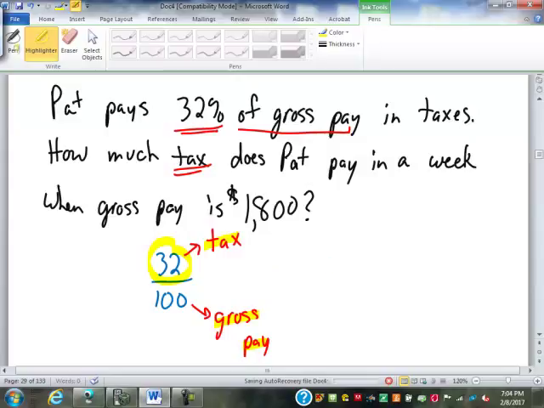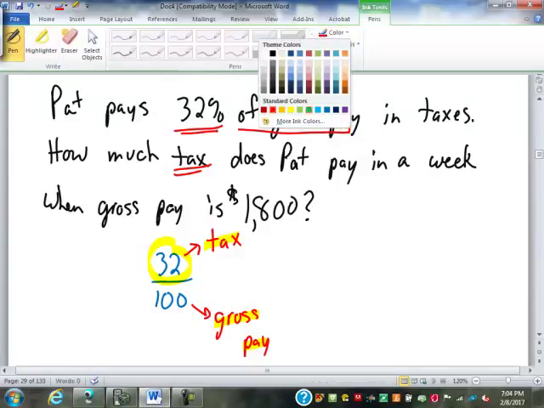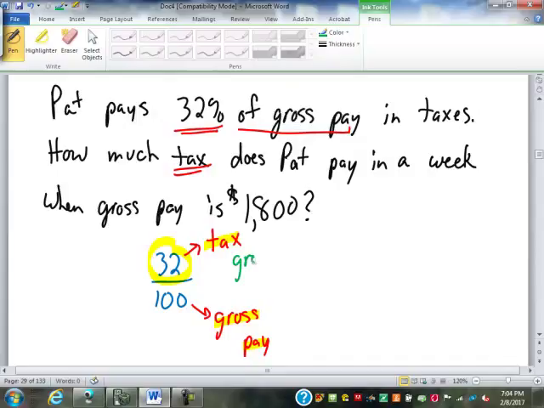If we had messed this up, let's say we saw that 32% and gross pay next to each other, and we put gross pay up here. Well, the only other thing in the problem is tax. Is gross pay a portion of the tax? No, that wouldn't make sense. That can't be what those relate to.